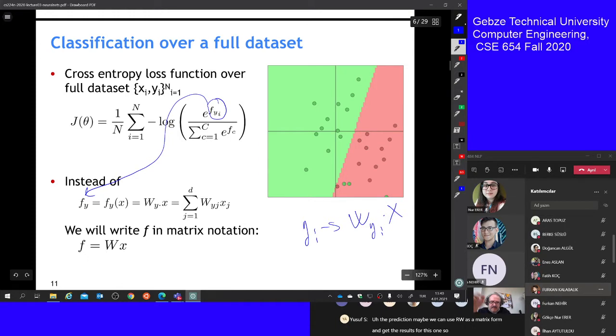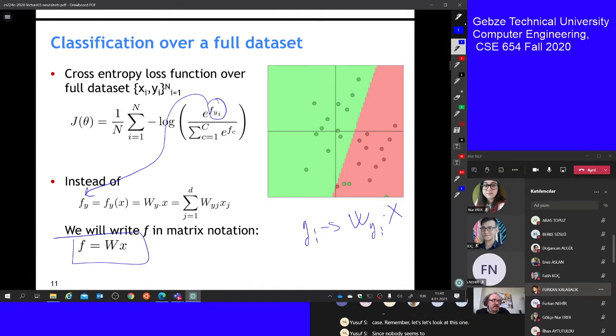So, okay, X is a vector. For our case, remember, let's look at this one. Since nobody seems to be answering my questions, maybe I should try to wake you up a little bit.